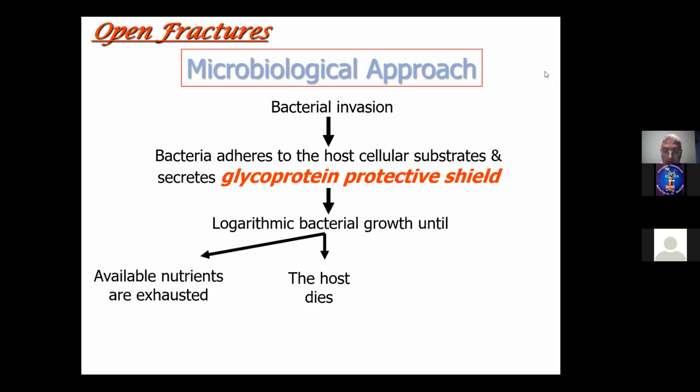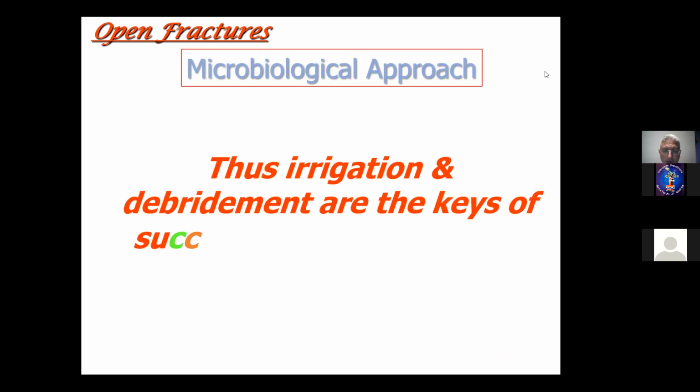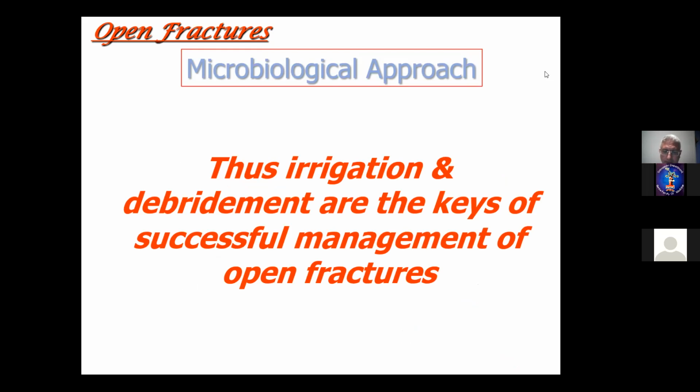Either the host dies, or the host defenses succeed, which could be 100% success, so the bacteria will be eradicated, or partial success and the bacteria are suppressed, resulting in chronic osteomyelitis. Thus, irrigation and debridement are the keys to successful management of open fractures.